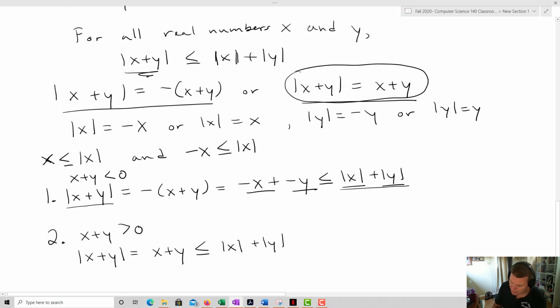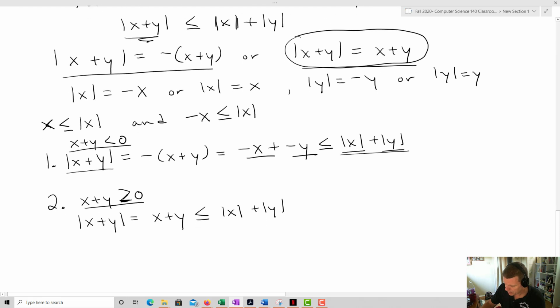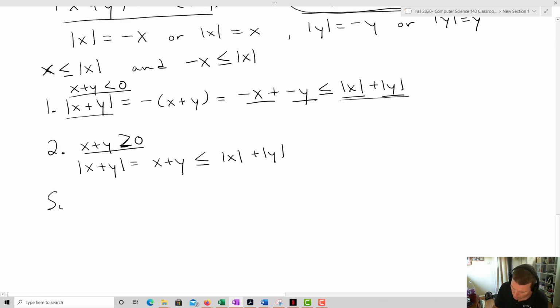And so now, if that's the case, that it's greater than 0, then we're done. By the way, I could actually add less than or equal to 0, because then x plus y would equal its absolute value, so we might as well utilize the equal to sign there as well.